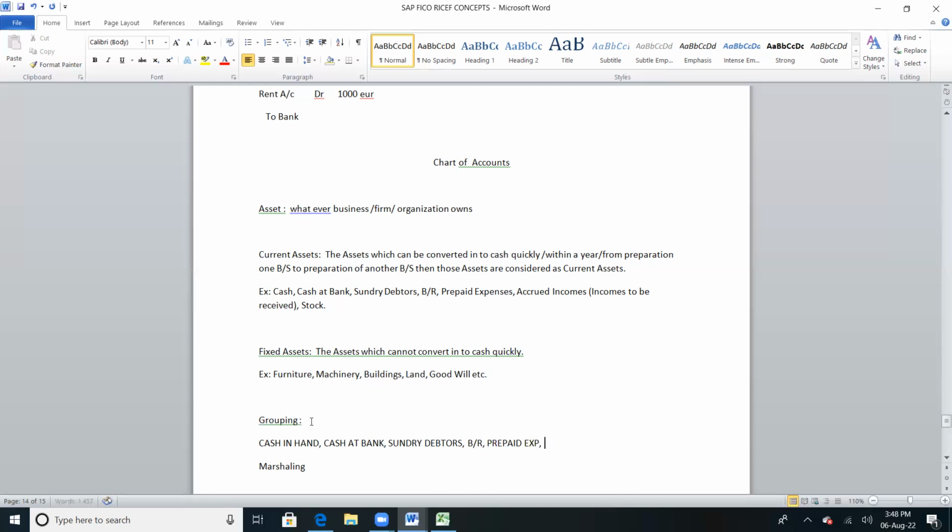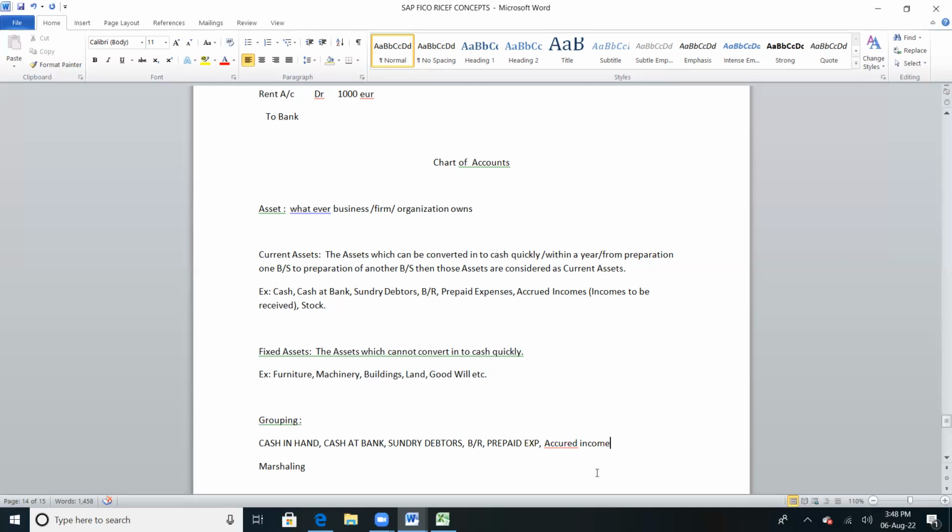Which group can we write all of these under? Current assets. So under the heading current assets, we can write all these at once.